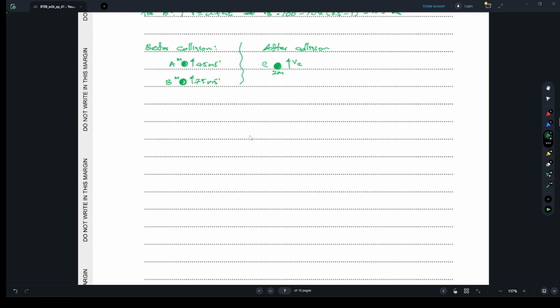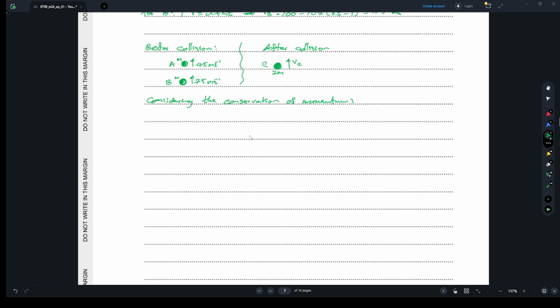Okay, so we can say, considering the conservation of momentum, don't mind my handwriting.